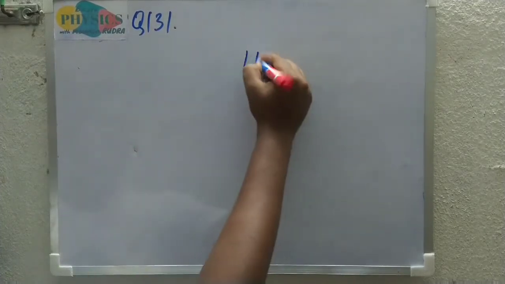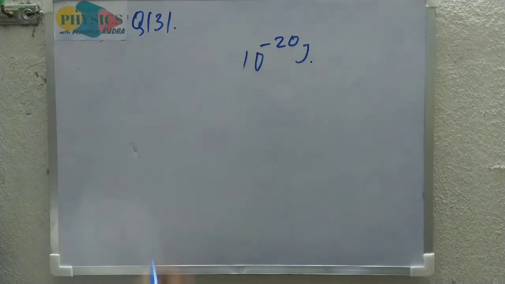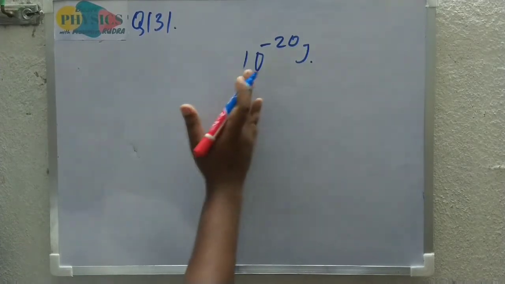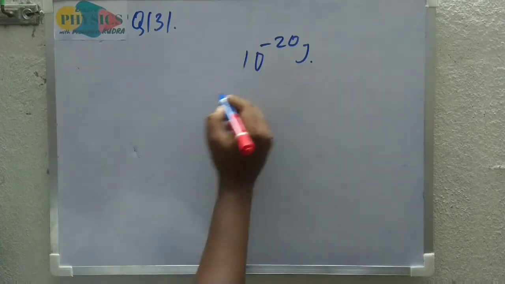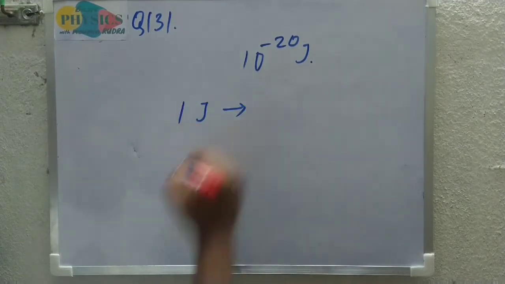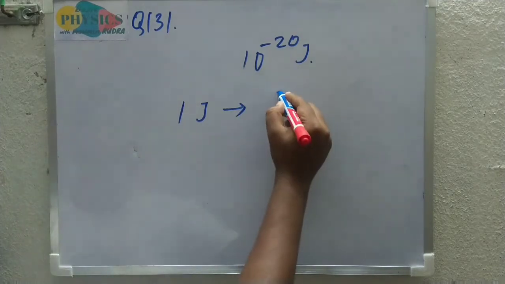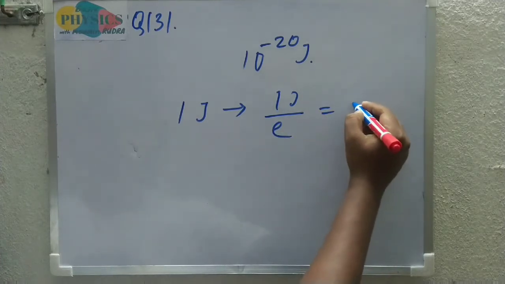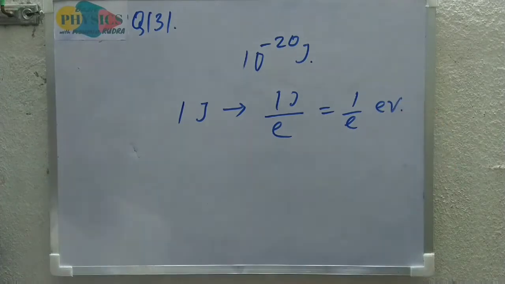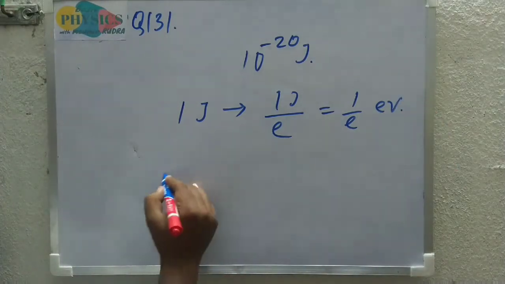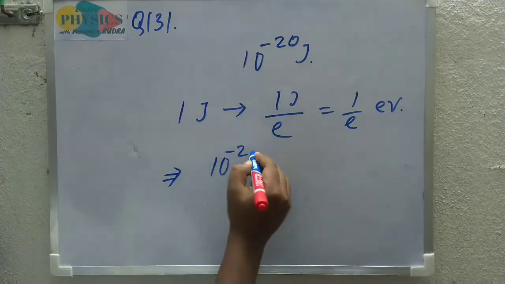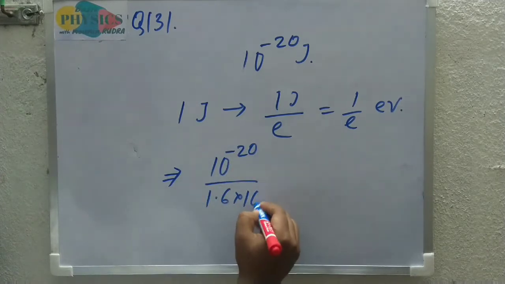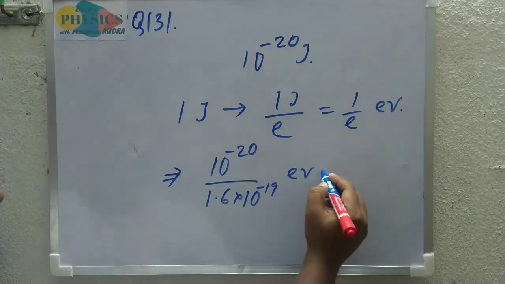Now question number 131. The energy required to break one bond in DNA is 10 to the power minus 20 joule. So we know that if we convert joule to eV, we have to divide by 1.6 times 10 to the power minus 19 to get the value in eV. So we can write 10 to the power minus 20 by 1.6 times 10 to the power minus 19 eV.